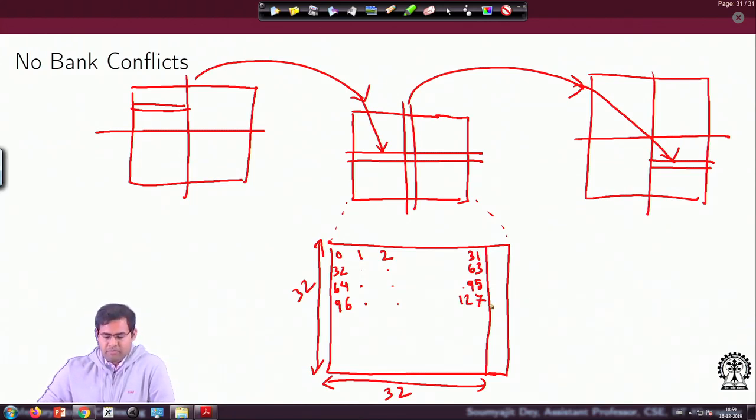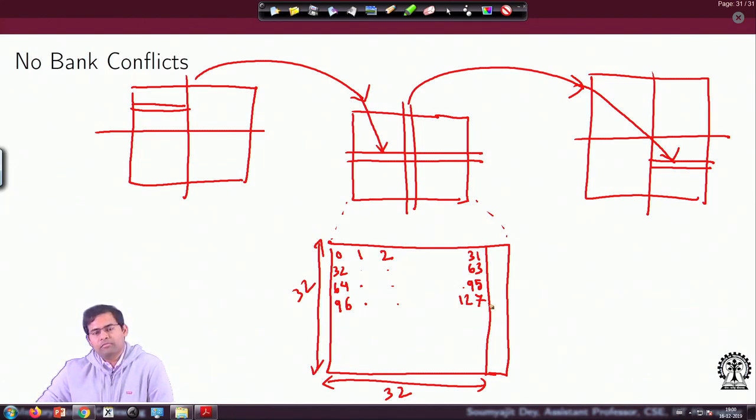The point is, what happens now to the arrangement of the data in the banks? In the x dimension of the tile, I am mapping all these locations to 32 banks, and I have 33 locations to map per row.